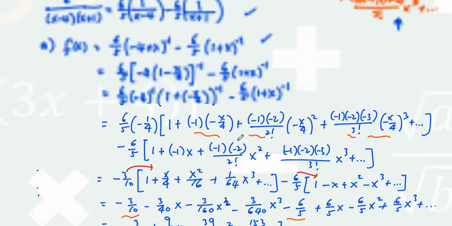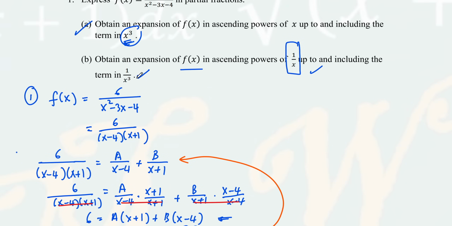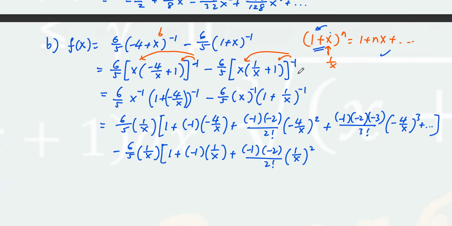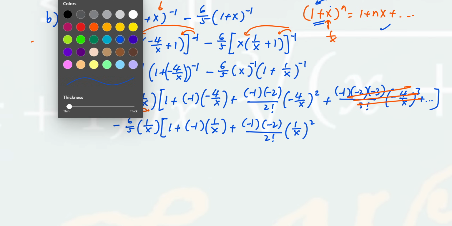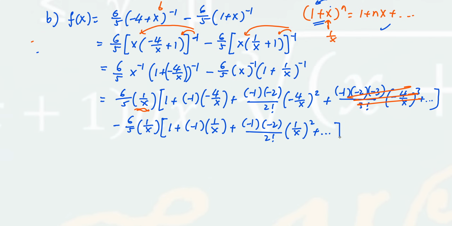Okay, so now you see the question asking for 1 over x cubed. I didn't realize that in the previous expansion we do need the third term, because in your expansion over here you have x in the denominator, which means actually this term is not needed. So you can just ignore it. So then here plus dot dot dot.